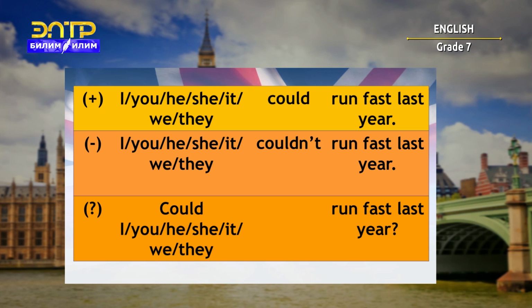To make a negative form, also I, you, he, she, it, we, they, then the verb could plus not, that is couldn't, and then also other parts of the sentence. And to make a question with could, we also have to follow a simple rule. The first place takes the verb could, and then come pronouns with other parts of the sentence. These are the simple rules that we have to know.